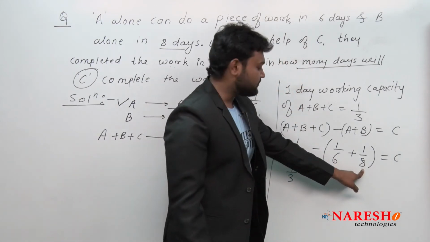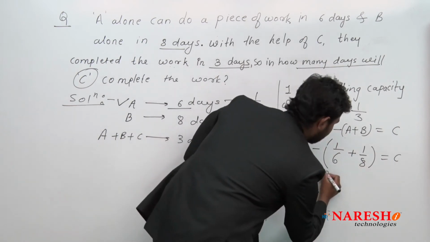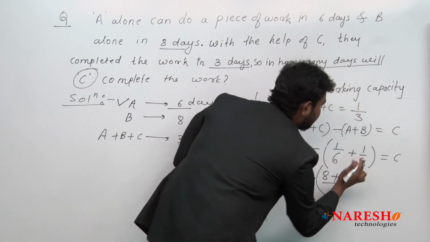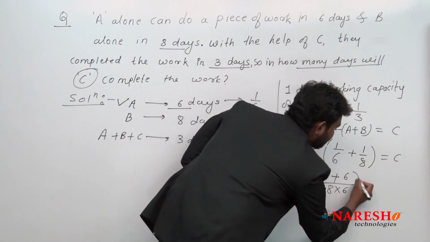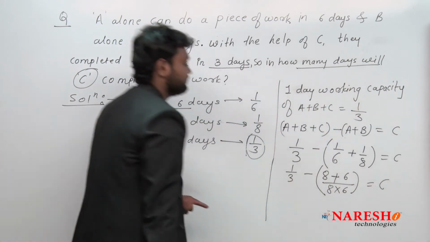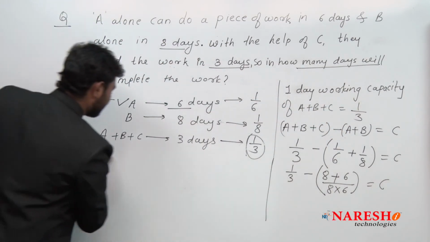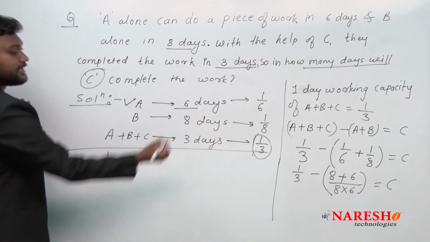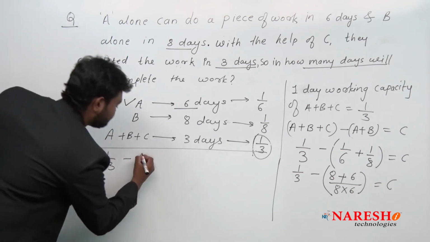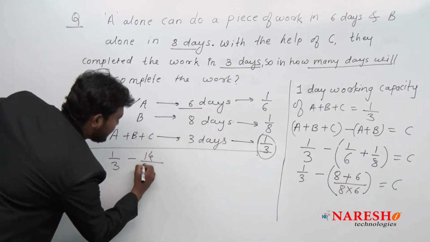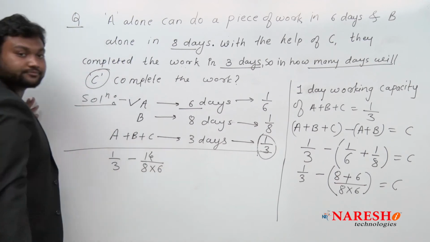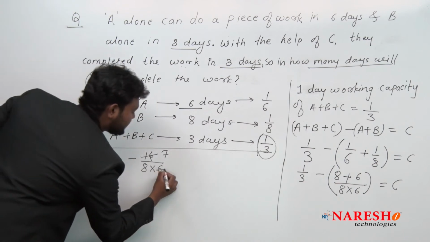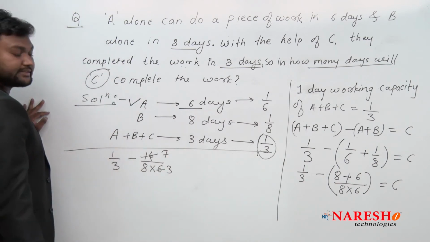How do we solve this bracket? It's very easy. 8 plus 6 divided by 8 into 6. This is the working capacity of C. For your understanding, I am writing it here: 1 by 3 minus, 8 plus 6 will be 14, 14 upon 8 into 6. 2 7s are 14, 2 3s are 6.